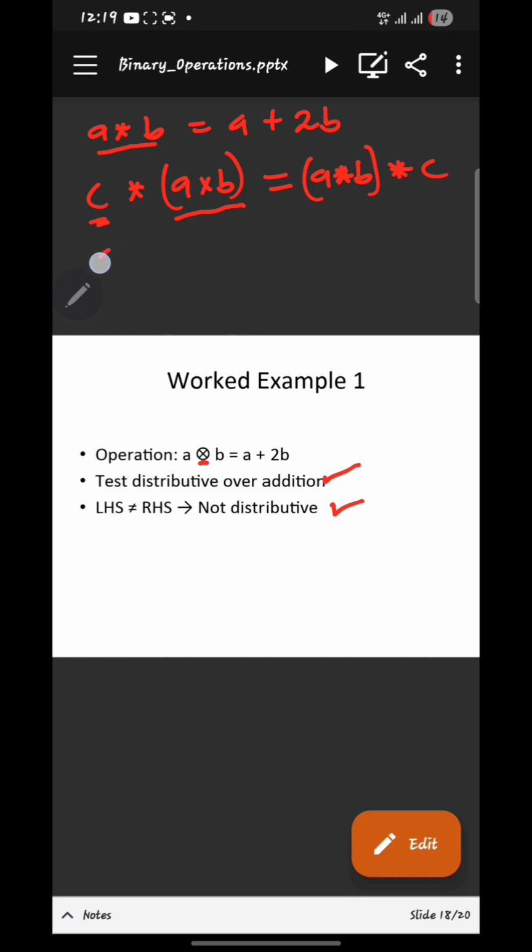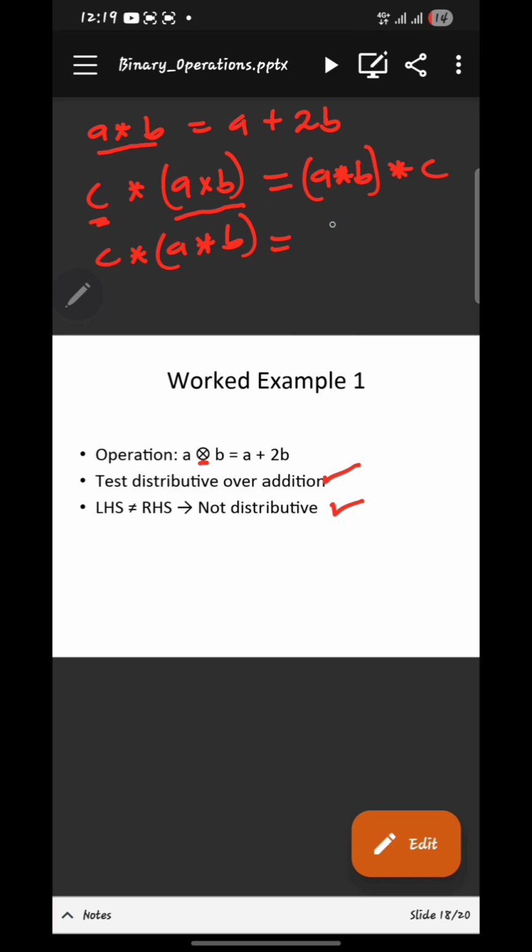So C operation A operation B. I've told you to see this C as A, then the 2A as B. We have just 2 operations here. So this one will give us what?